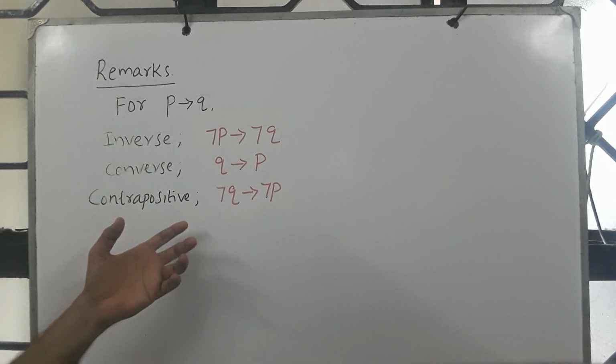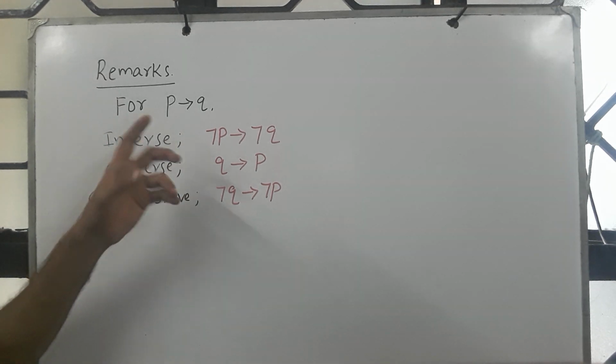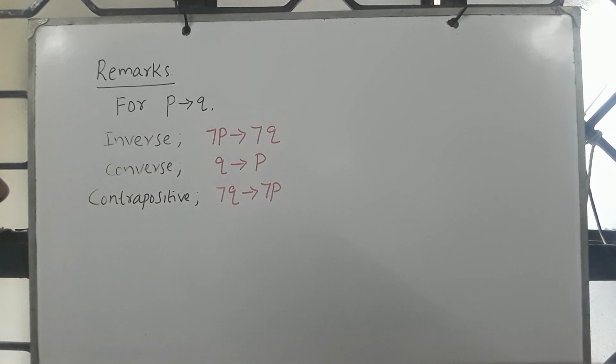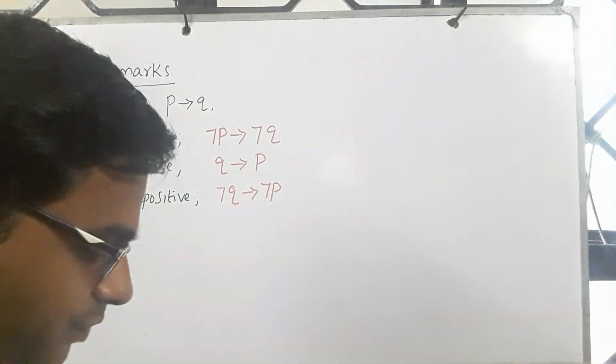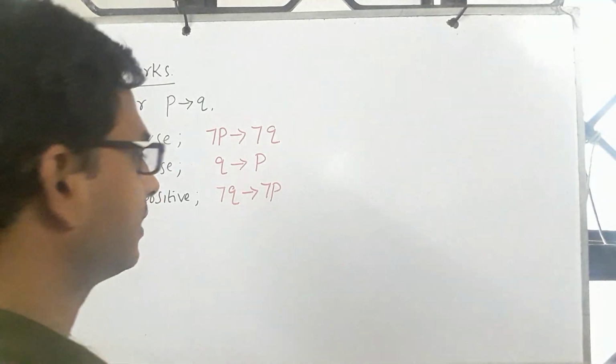There are examples where converse is true for P and Q, and there are contexts where the inverse is true, but in general it is not. But in general, P imply Q and contrapositive are one and the same, which is quite interesting.